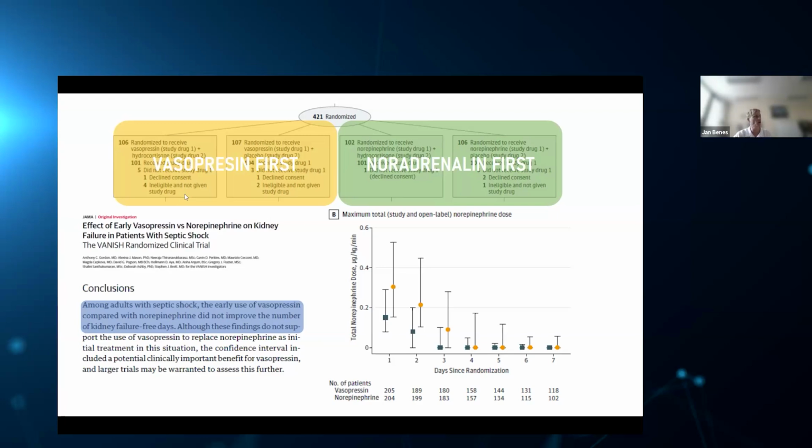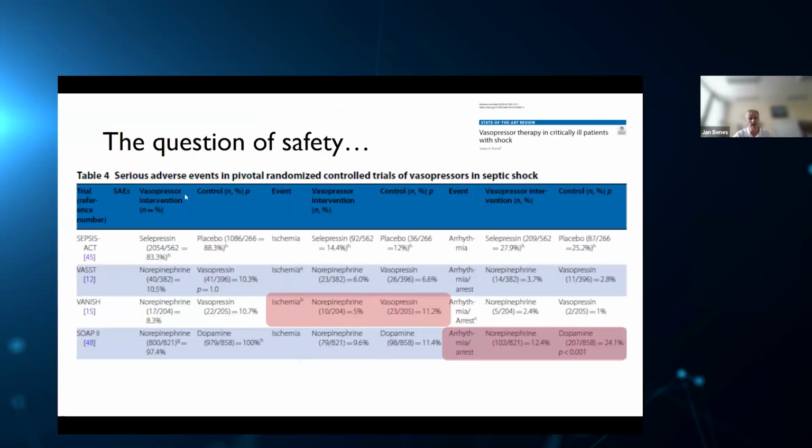So from this point of view, we may use vasopressin as a first-line drug. From the point of view of reaching the target mean arterial pressure, it may be the same. Vasopressin may be administered peripherally, but there is a higher risk of ischemia, especially gastrointestinal ischemia, almost twice as high when using vasopressin.